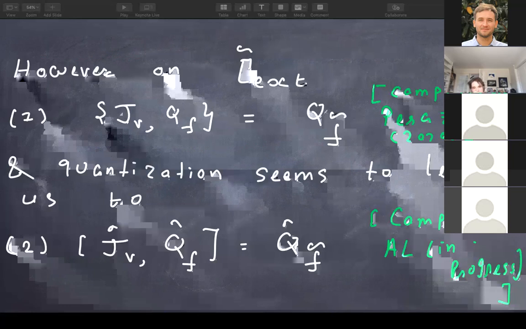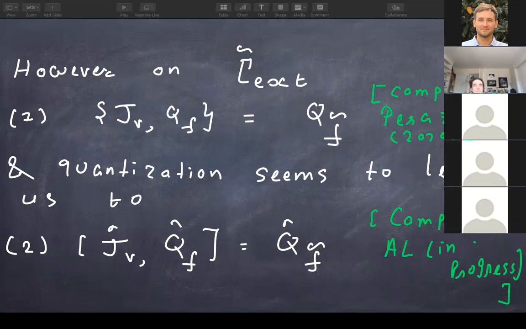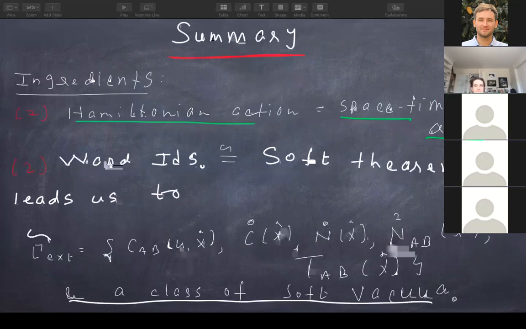And this is some work in progress where we are trying to show that the quantization also preserves the structure. So the idea was that because the phase space was wrong, one obtained a wrong quantization of the super rotation charge, which led to the 2-cocycle. But when we work with the right phase space, which is preserved by the super rotation action, we get a closed algebra and not a Lie algebroid.